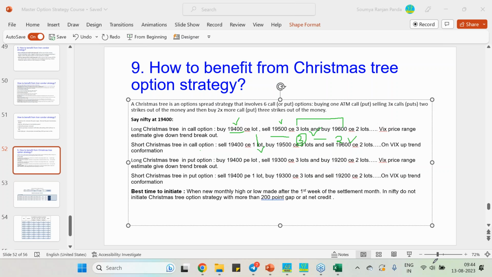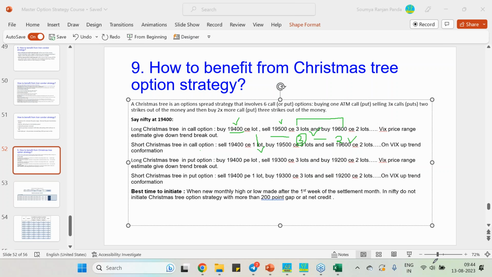Now keep these two things in mind: delta distributed, theta distributed. How do you benefit from a theta distributed strategy? If the trend is down, the call side will give you profit. That is what is called a theta distributed strategy.